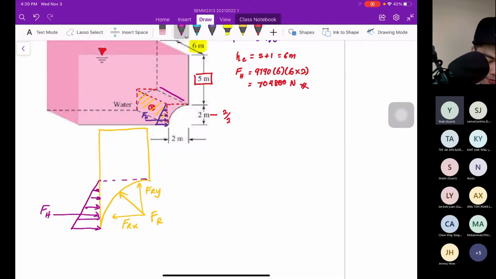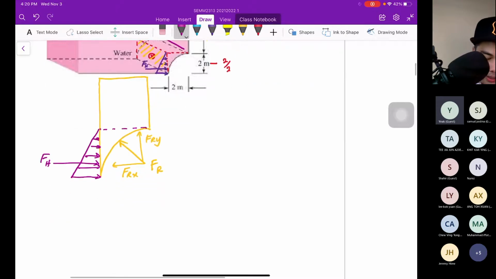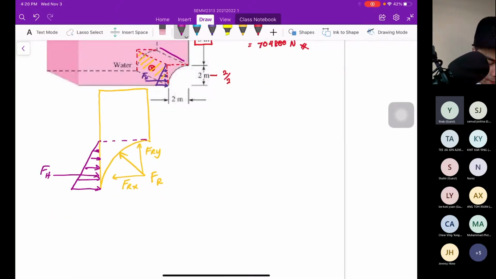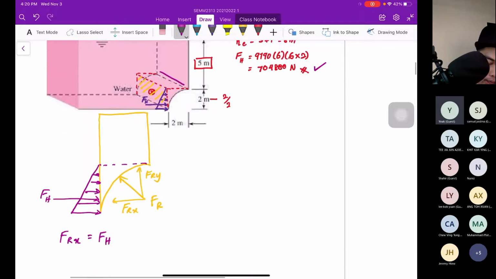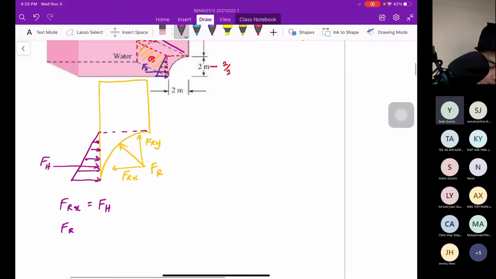So basically FH we can equate directly, FRX is equal to FH. So this is what we discovered. However, how to calculate FRY? FRY is basically the weight of the liquid block.